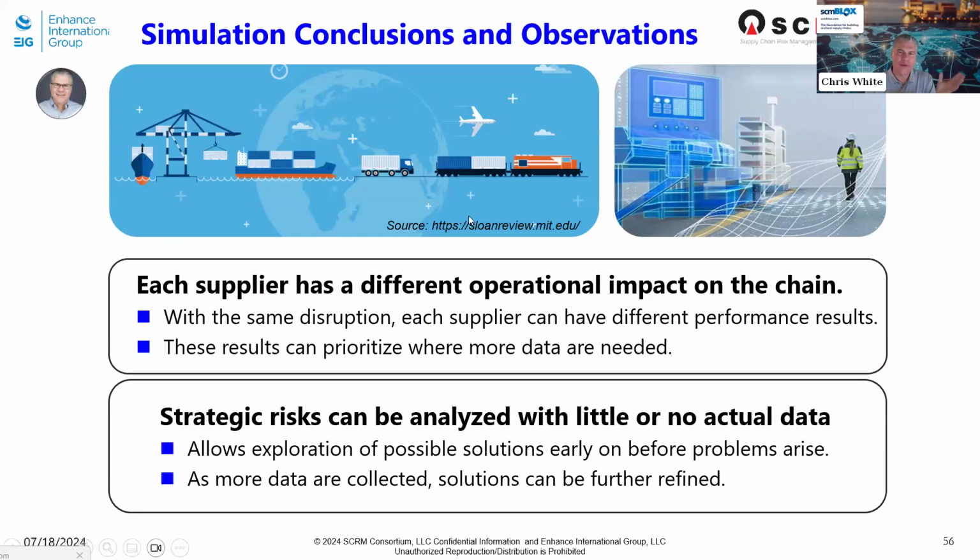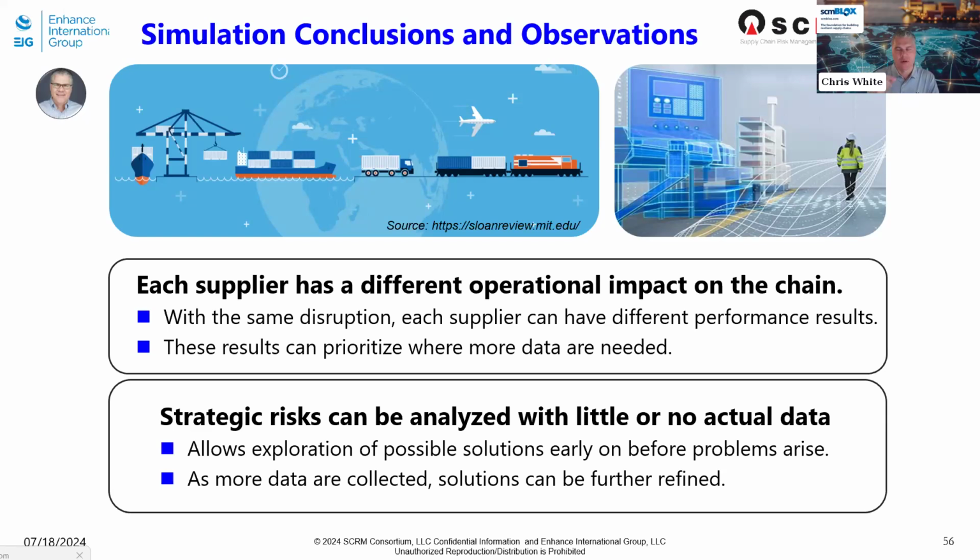Yeah. So just from this simulation, and again, trying to test out what that paper said and show structurally, does this actually happen? And sure enough, it does. And the moral of the story here is that each supplier in your supply chain has a different impact on operations.